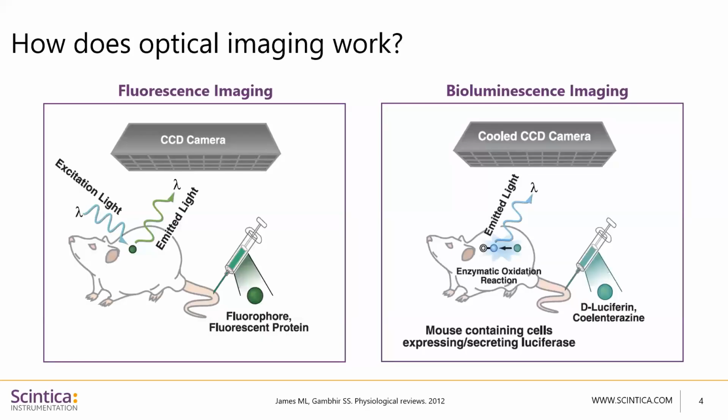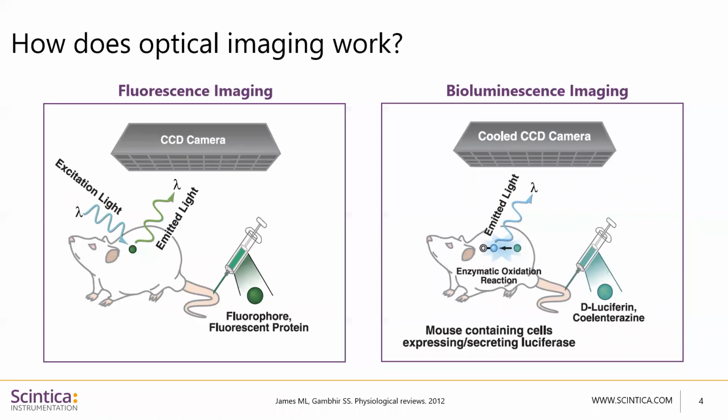Okay, so to start off, just to review optical imaging. This is confusing for those that are just jumping into the field, as optical imaging is actually quite a broad term. It can be broken down into fluorescence and bioluminescence in terms of animal imaging studies. For fluorescence imaging, the administration of a fluorescent imaging agent, either a fluorophore or a fluorescent protein, happens, and then an excitation light of appropriate wavelength is used to illuminate the subject.